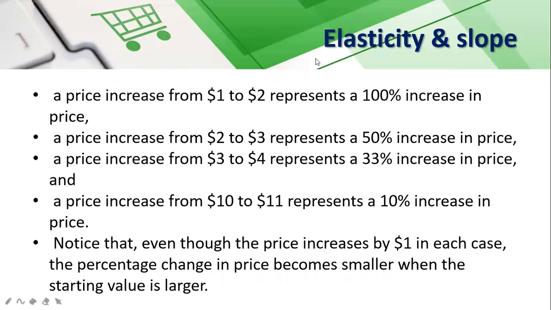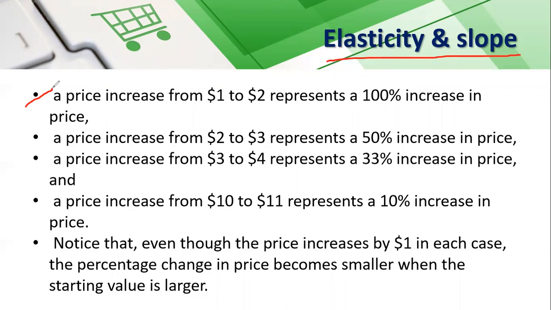So, let's have elasticity and slope. Class, what are elasticity and slope? These are examples of elasticity and slope. First, a price increase from $1 to $2 represents a 100% increase in price. For example, from one peso to two pesos, it represents a 100% increase in price because 1 divided by 1 equals 100%.